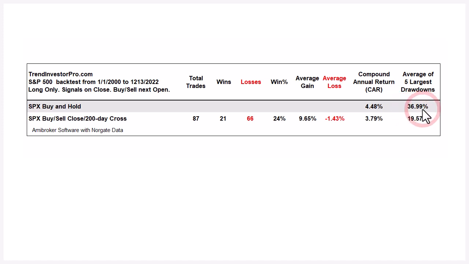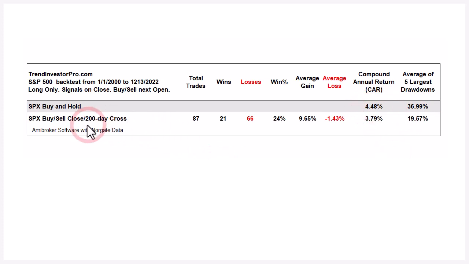That's because you had big drawdowns in 2002 after the dot-com bubble burst, and a big drawdown with the global financial crisis in 2008. We also had a 33% drawdown with the COVID crash, and there were a couple of other double-digit drawdowns along the way. The drawdown is basically the biggest decline from a portfolio peak to a portfolio trough. And so that is basically how much pain you're going through to get that compound annual return of 4.5%.